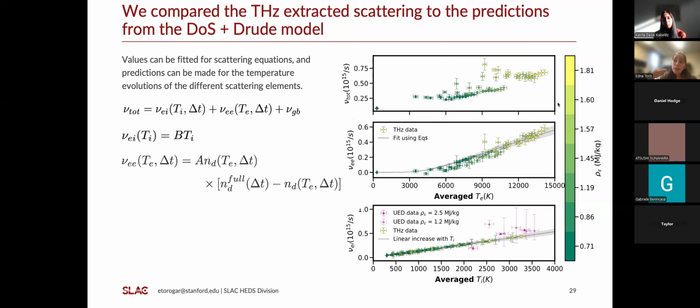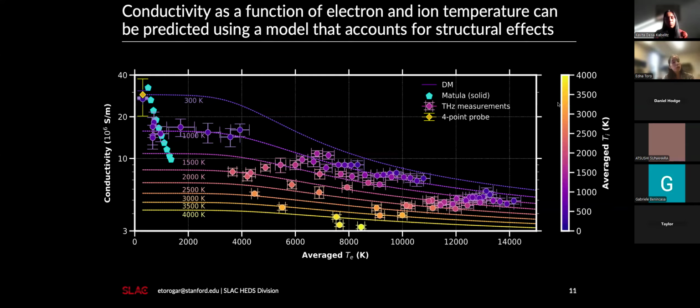So now that we have created a model that can predict our scatterings, we can revert back and obtain the total scattering from the sum of our electron-ion, electron-electron, and grain boundary scattering, and obtain a model for the conductivity of the system. So now in this plot, what you can see again is our measurement of conductivity plotted versus electron and ion temperature.